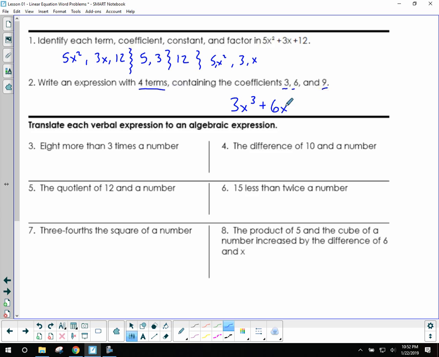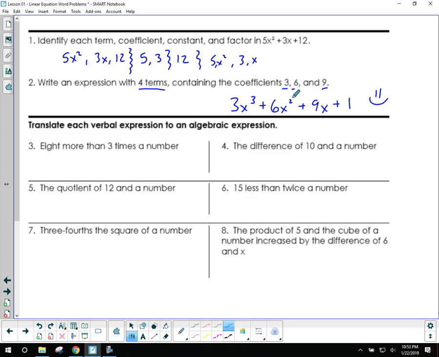Now let's make some constant. I'm going to put 1 because I'm number 1. We have 4 terms. 1, 2, 3, 4. Yep, this looks good. If yours has 4 terms, if you have these coefficients, your letters could be Z's, Q's, G's. Any letter in the alphabet, you're golden.